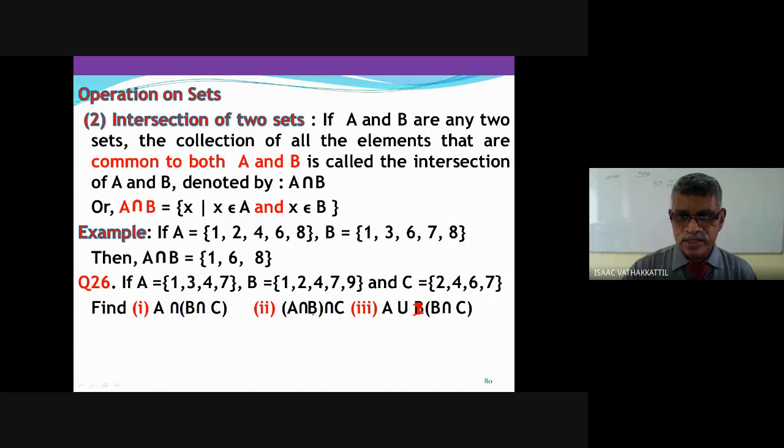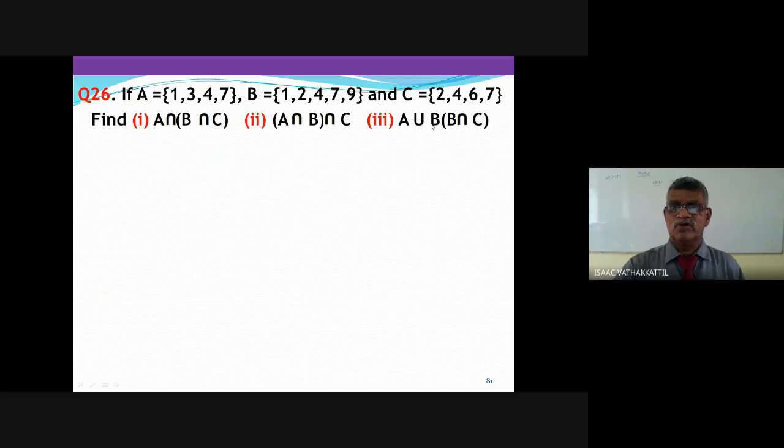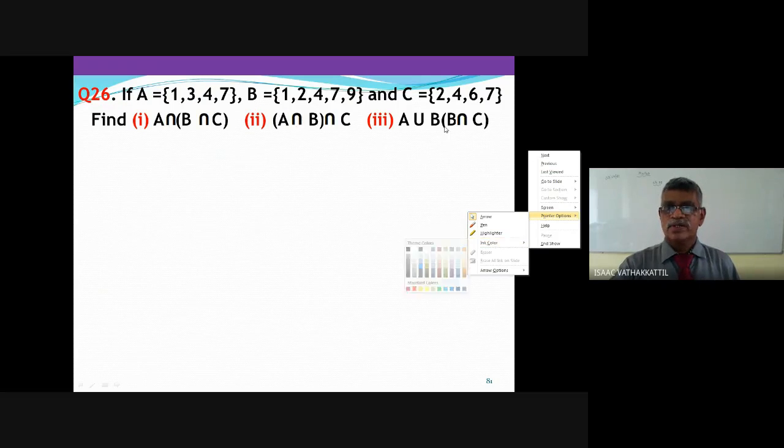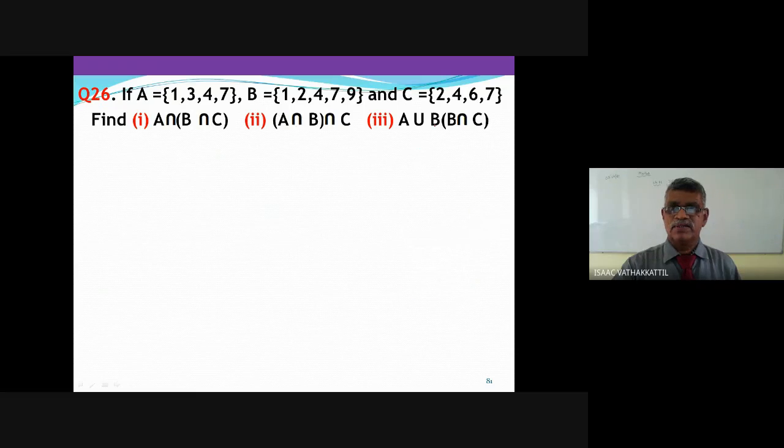Second is (A intersection B) intersection C. Third is A union (B intersection C). There is no bracket in the third one, so be careful.